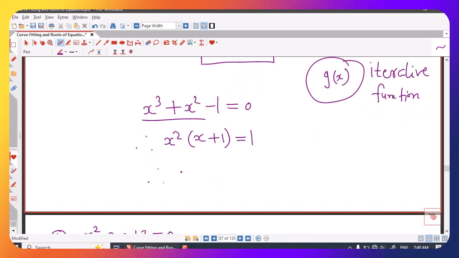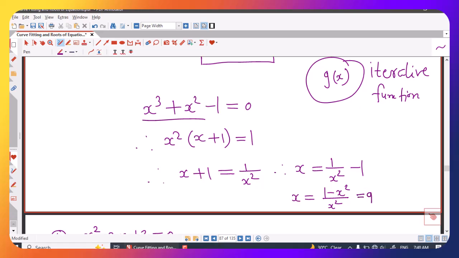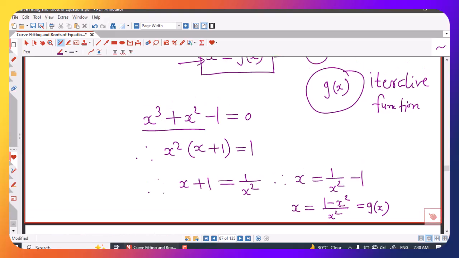Therefore I can rewrite this as x plus 1 equal to 1 divided by x square. Therefore x equal to 1 divided by x square minus 1, or I can rewrite this as 1 minus x square divided by x square, and in this case this is my g of x. So here I obtain that g of x is 1 minus x square by x square.